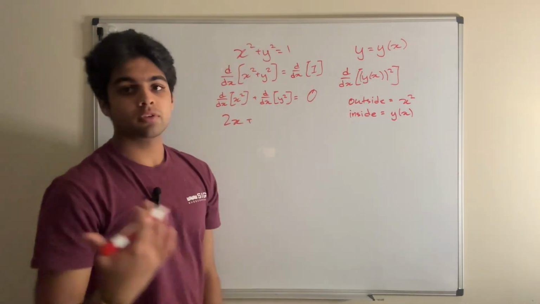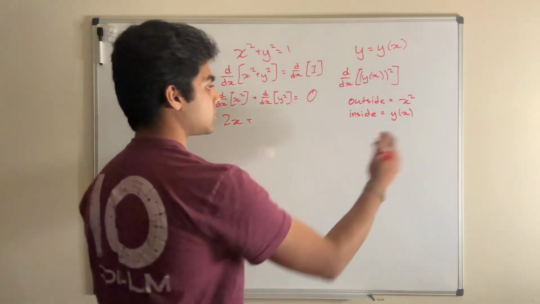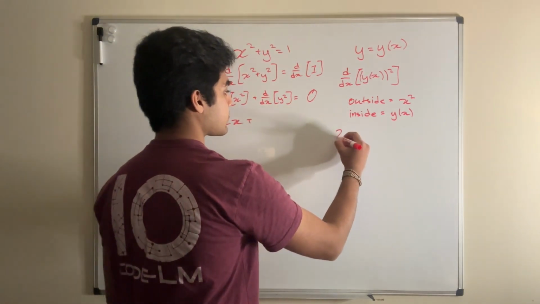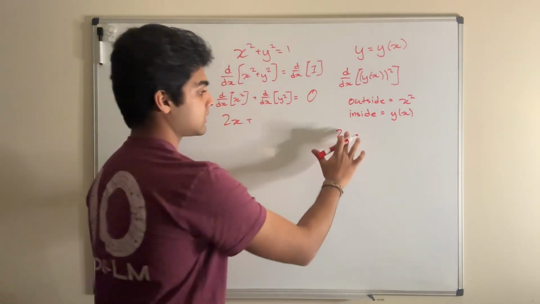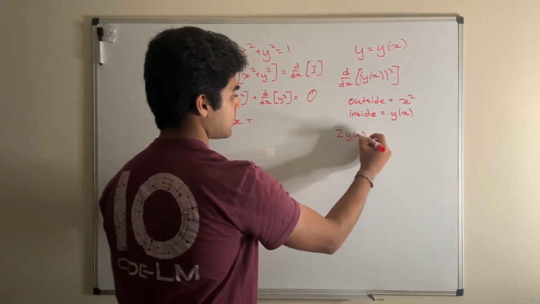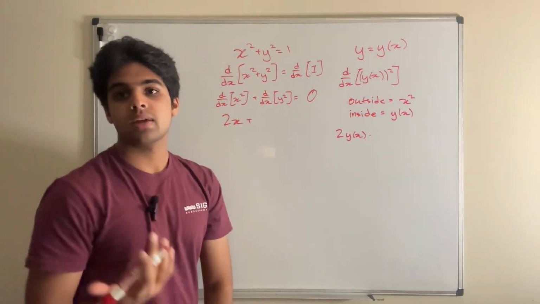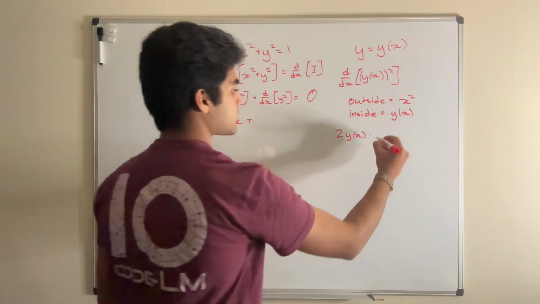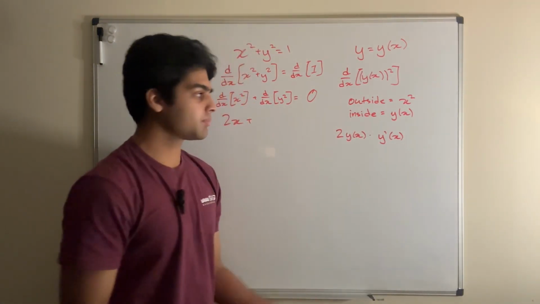So we take the derivative of the outside with respect to the inside: 2 times, but instead of x, we're going to have y of x. And then multiply that by the derivative of the inside function, which is just going to be y prime of x.